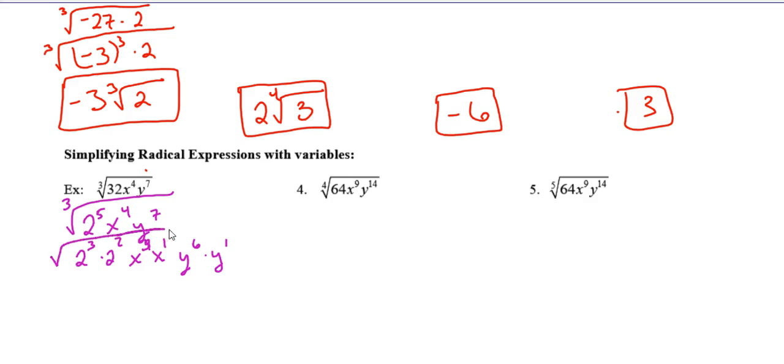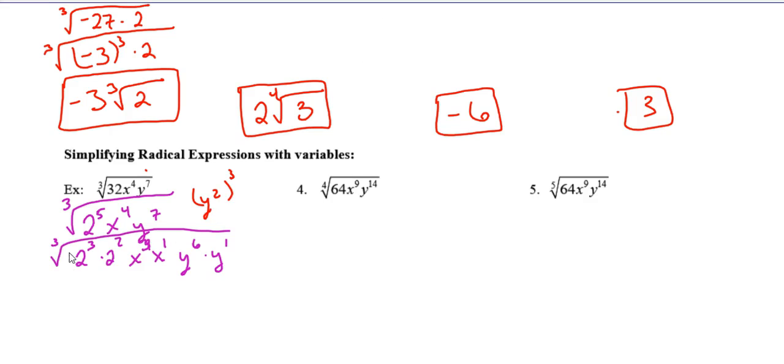And of course, I still always have that radical with a third index. So how does that make this easier? Or maybe you're even wondering why I said y to the 6th, right? Well, y to the 6th is just y squared to the third power, and so that means I can simplify that to y squared in the end, all right?